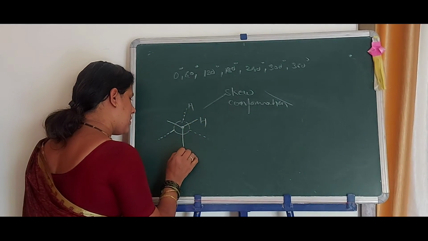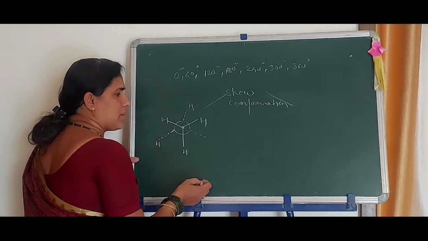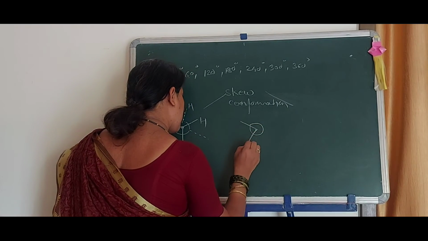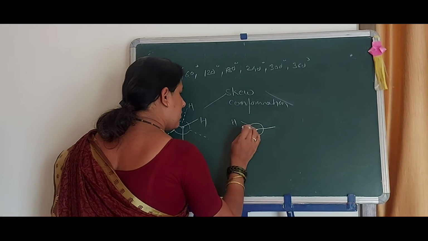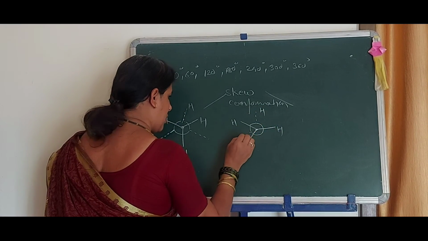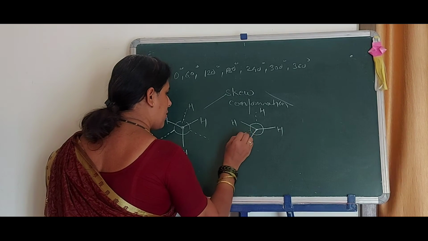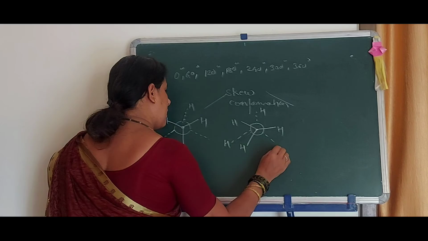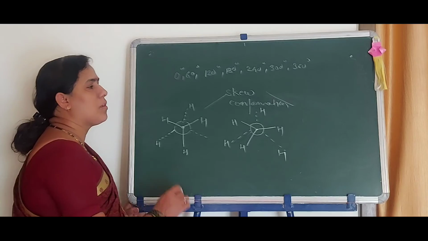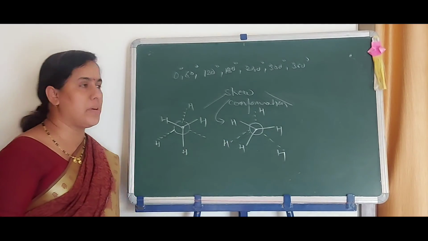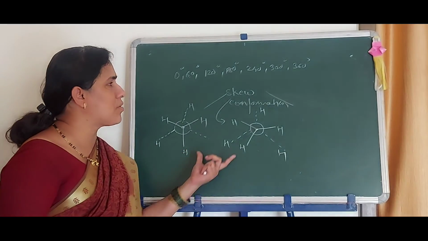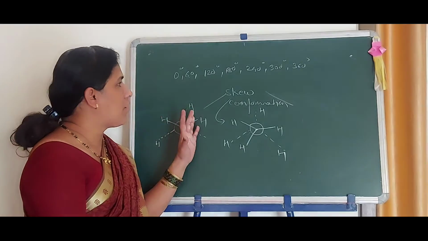For ethane, this type of conformations are known as skew conformations, which are intermediate between the eclipse and staggered conformations. In this way, we have studied all the conformation structures.